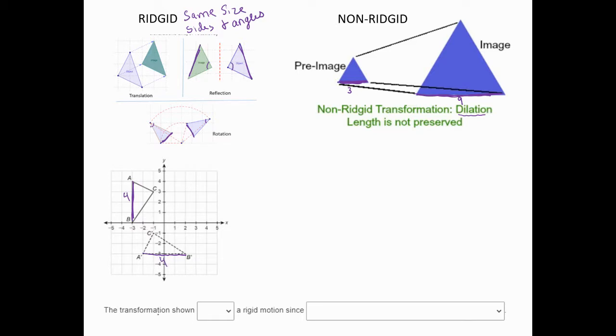So we know the transformation shown is a rigid motion, and the reason for that is because it has the same lengths and angle measures.